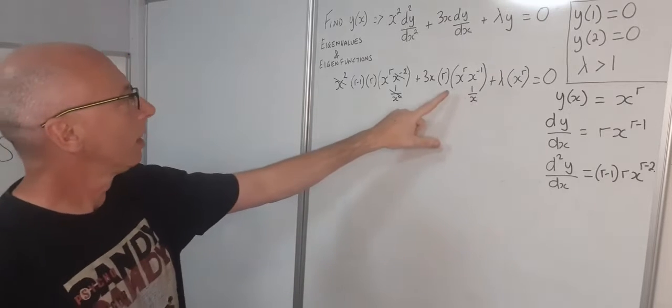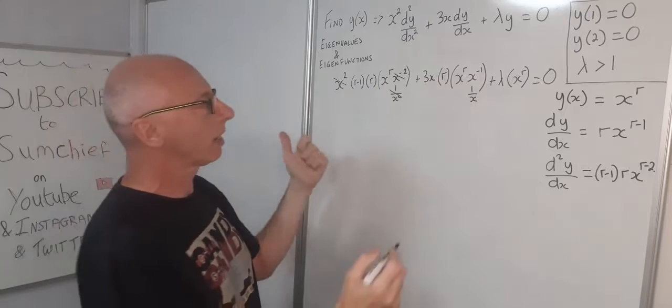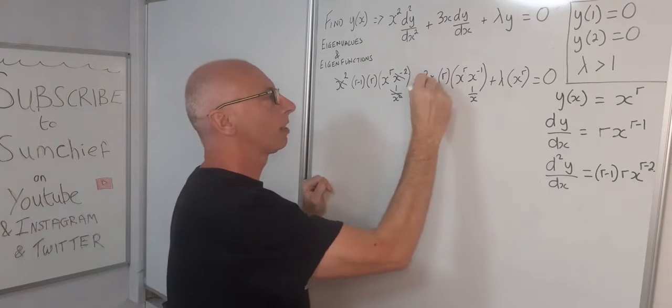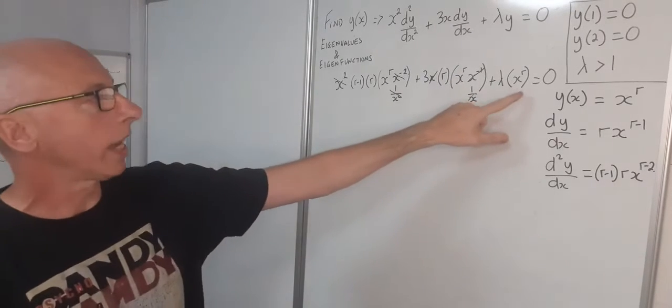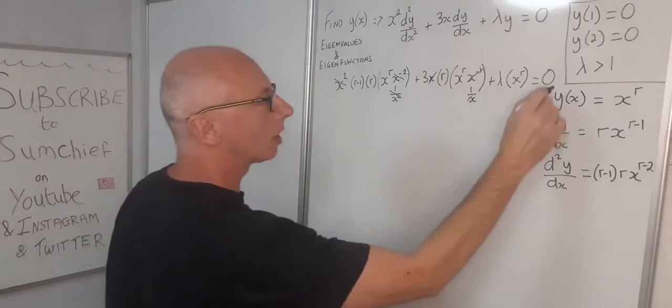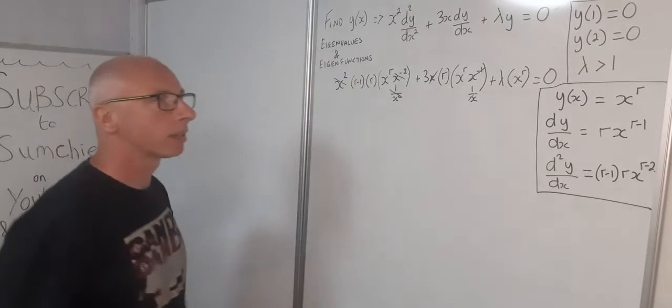So again, this x to the minus 1 and this x will cancel out. This r here will stay. These will all stay, and it will stay equal to 0. So let's simplify that up a little bit. Just going to put my box on these now just to make things separate.